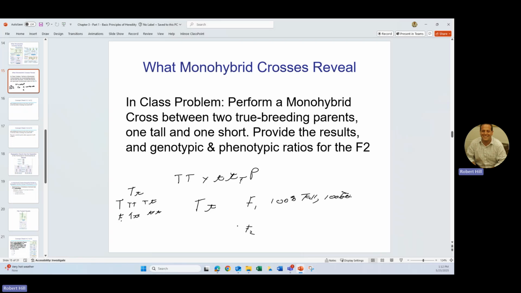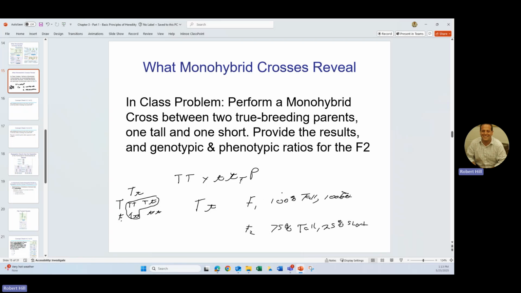So the F2 generation, this right here represents 75% tall and 25% short. Okay, that is the phenotypic ratio.